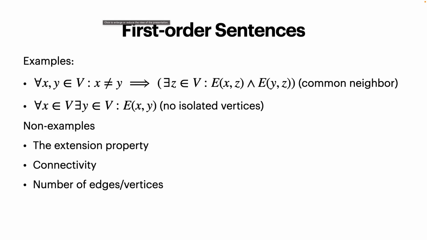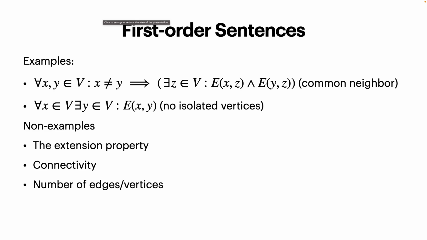And here are also some non-examples. Our extension property is going to be a non-example because it's too big. It's not bounded, and the sentence has to be finite. The second one is connectivity, and the reason is that the length of a path could be infinite.